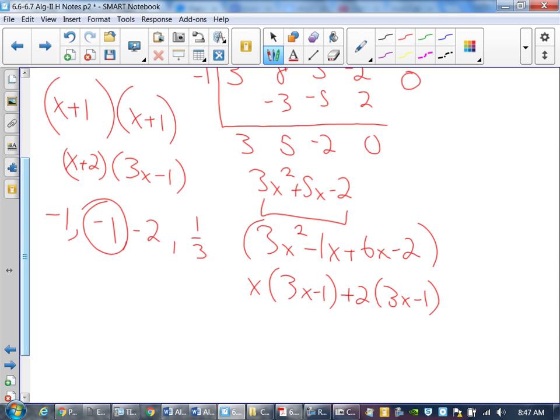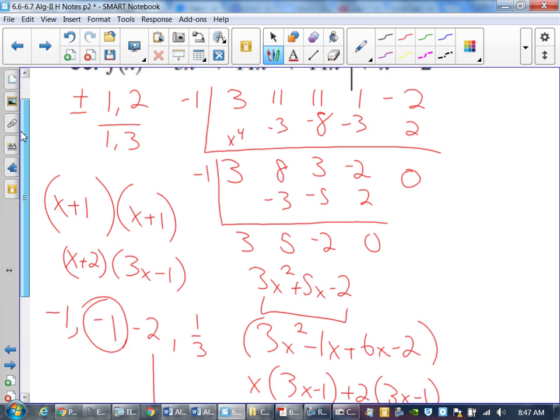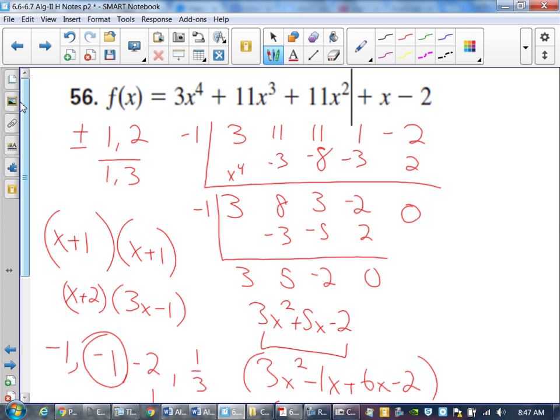So remember, whenever you have a repeated zero, if I ask you to graph the rough sketch via zeros, all we do is this. Our tails for this problem, I believe this was a 4th degree. 4th degree, first one's positive. What are your tails doing? Up, up.